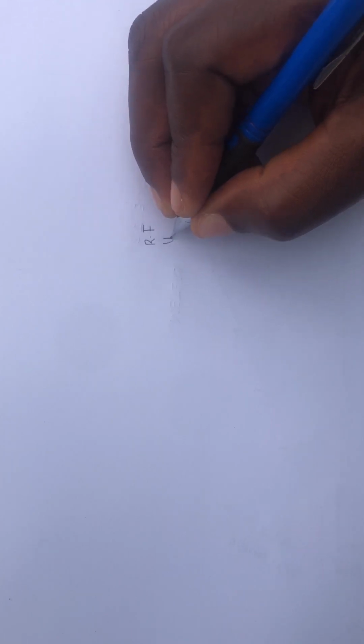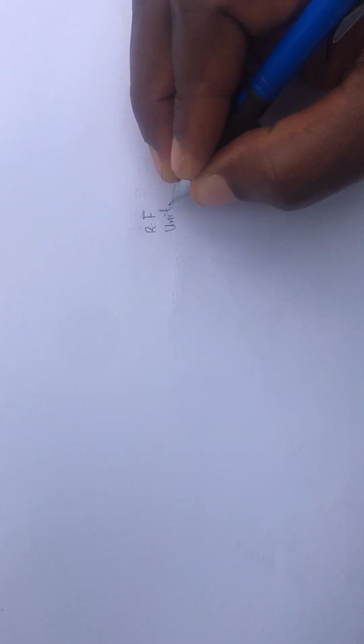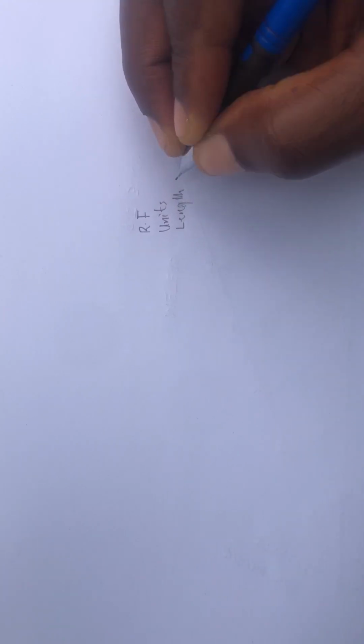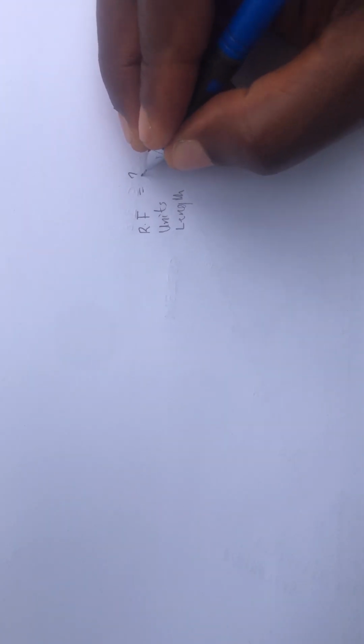Like I said, the three parameters that must be present for your scale equation to be complete are your RF, the unit, and the length. Here our RF was not given.